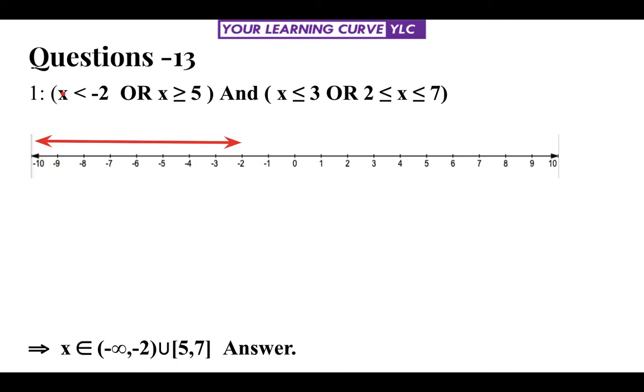And one more important thing you must remember, that you never put a closed bracket at the end of infinity, because infinity is a very big number, but it is not measurable. If you say that your x can be equal to infinity, then you must be able to define it.